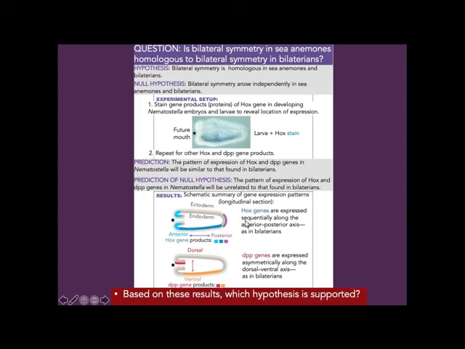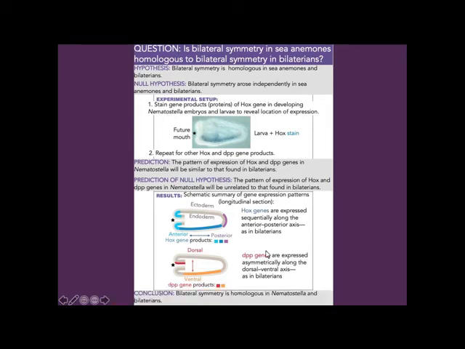Do you see one side having the red dorsal stuff and the other side having the yellow ventral stuff? Yeah, it looks the same. Hey, look, it's being expressed homologously. Yep. So this was the kind of experiment that led people to believe that bilateral symmetry is homologous in Nematostella and bilaterians, because it's being controlled by the same genes operating in the same way in the sea anemone as it is in bilaterians like humans.